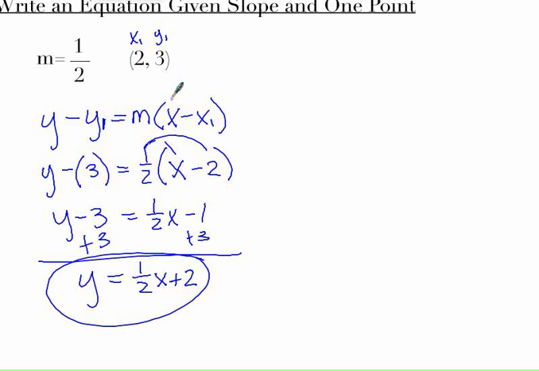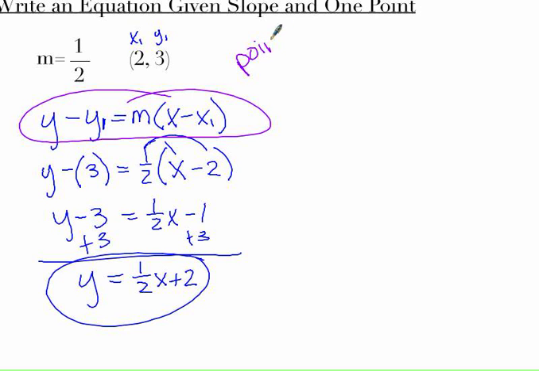So if you want to go ahead and label this or highlight it, this is called point-slope form. And this is another really useful way to write equations based on what it is that you're trying to solve or what is given to you.